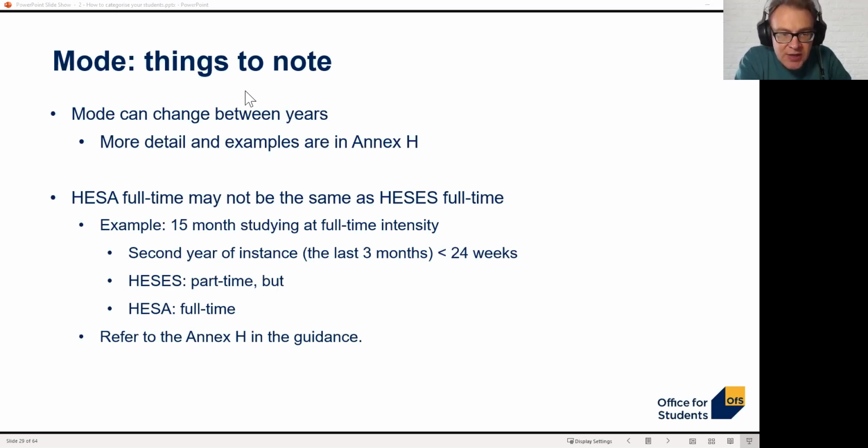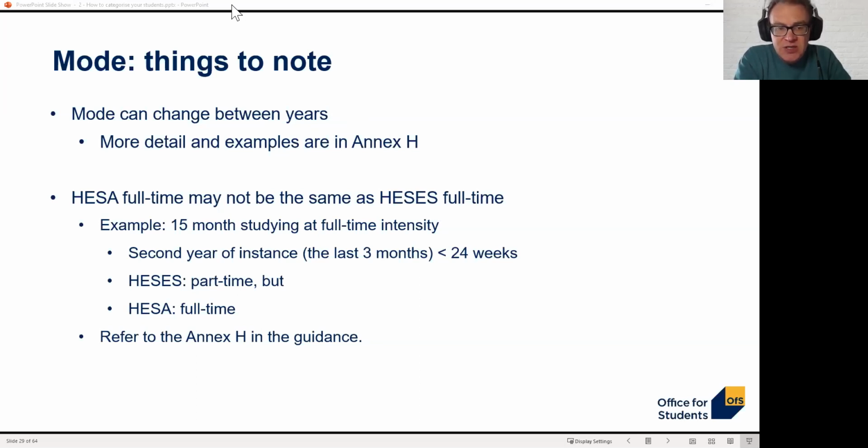How will this apply to April starts? Are they part-time? This is something you may want to come back to after watching our next webinar, because it relates to some of the differences between recording students in HESES and recording students in the ILR. When we are recording students in HESES, we come back to this concept of a year of instance. One of the things that we will talk about on Monday is that the year of instance does last for a year.